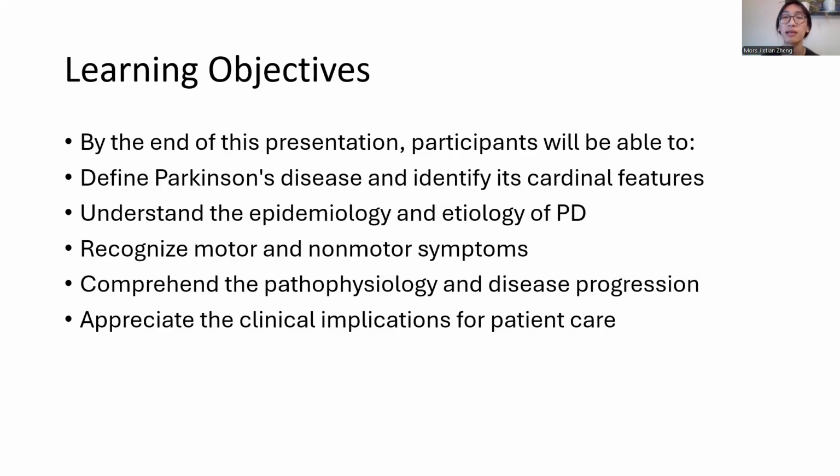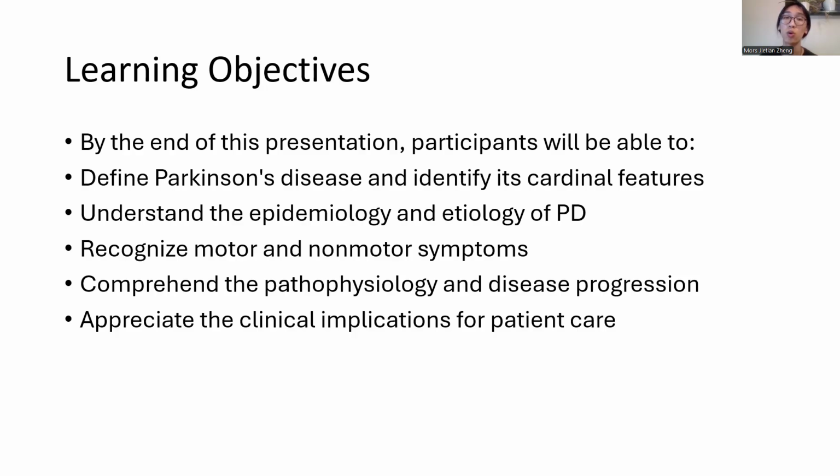Before we begin, let me outline what we're going to complete today. By the end of this presentation, you will be able to define Parkinson's disease and identify its four cardinal features. You will understand the epidemiology, who gets affected and why, as well as the underlying causes or etiology of this condition.